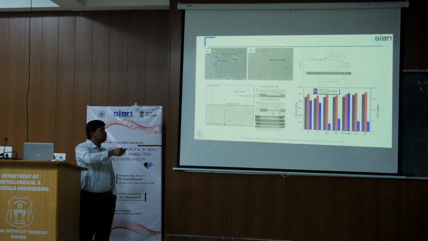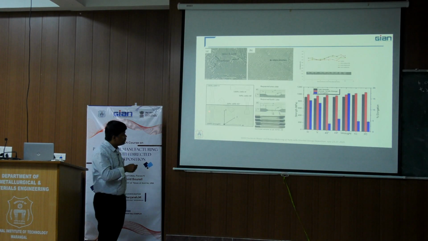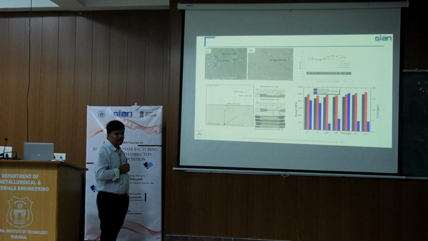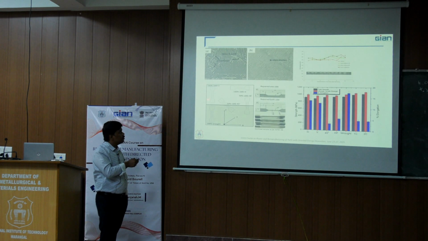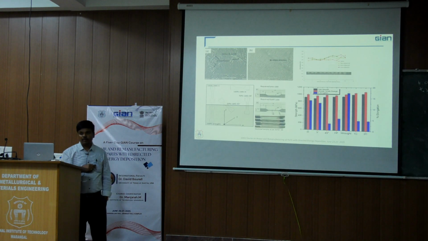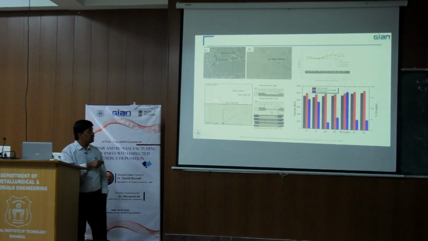We have tried to analyze the mechanical properties of wrought materials as well as the as-deposited material, with different orientations, in the build direction as well as across the build direction.